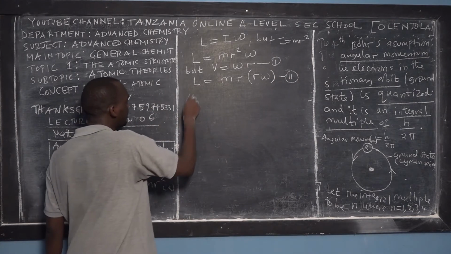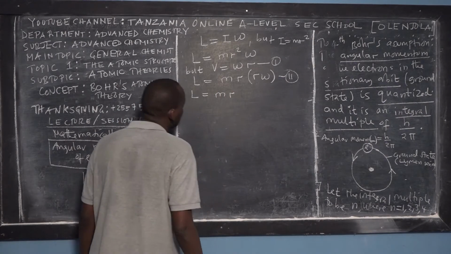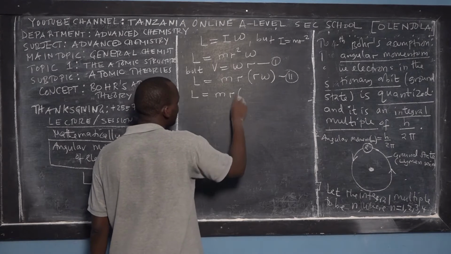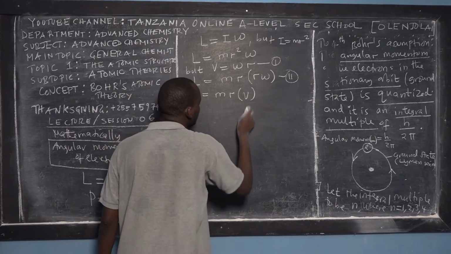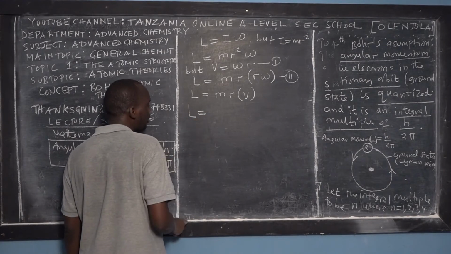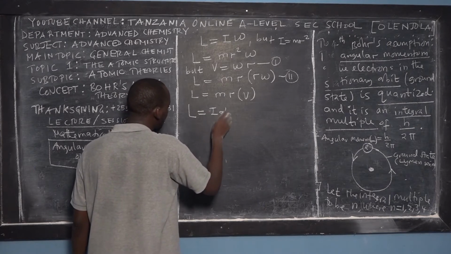Right? So then the angular momentum of electrons is mass times the radius of the electron circle, and then instead of this one we have linear velocity. So we say that the angular momentum in chemistry now, according to Bohr, we can find it by using moment of inertia times what?